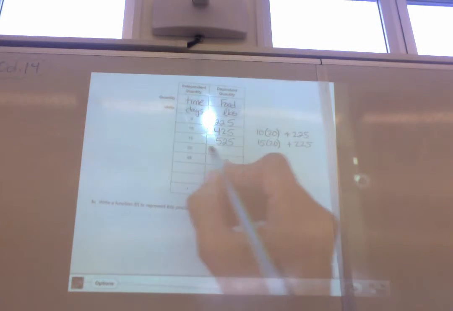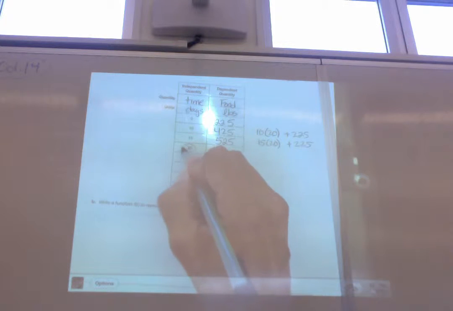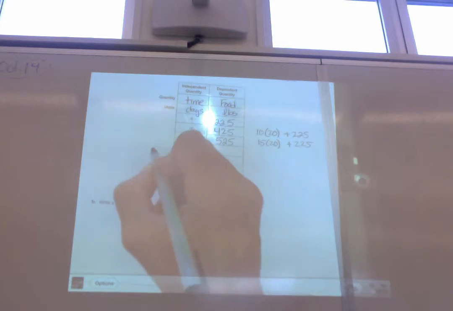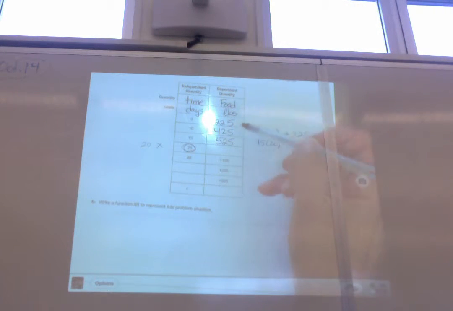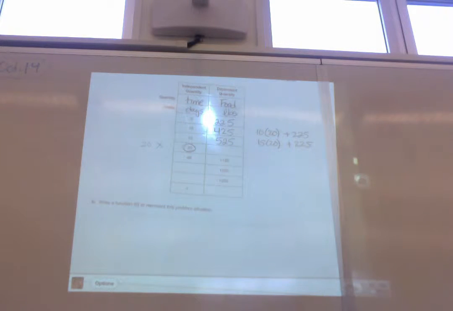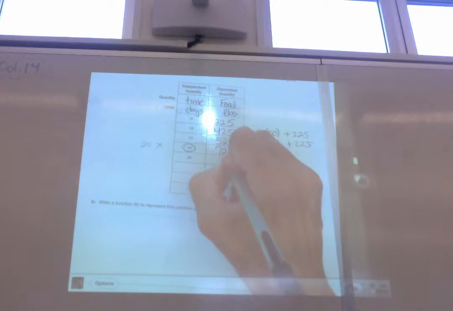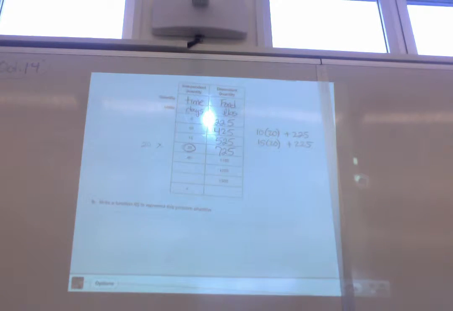Okay? So each step of the way, whatever day it is, that's going to be times 20 because we're getting 20 per day, but we have to add it to the starting amount. 725.